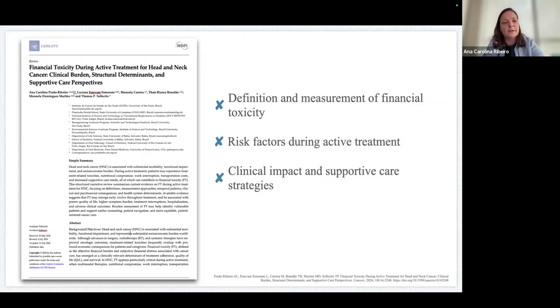It was very interesting because most of the studies evaluate financial toxicity in survivors. So we're trying to understand the real financial toxicity during active treatment.